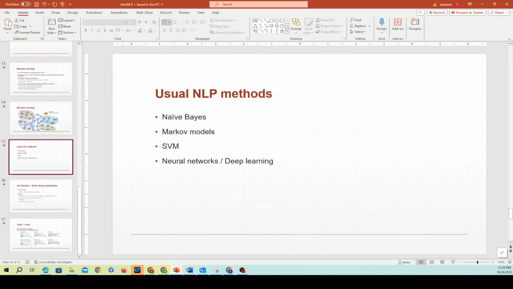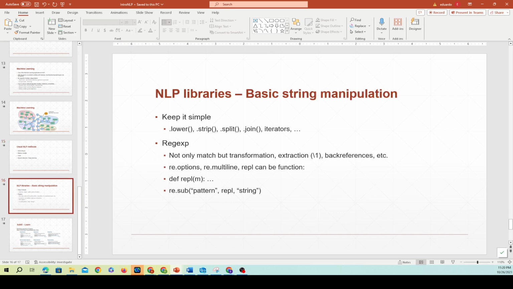Some other methods that we can use for natural language processing are naive Bayes, the Markov models, the support vector machine, and neural network deep learning. Some of the libraries that we might use for natural language processing are strip, split, join, iterators, specifically for strings.